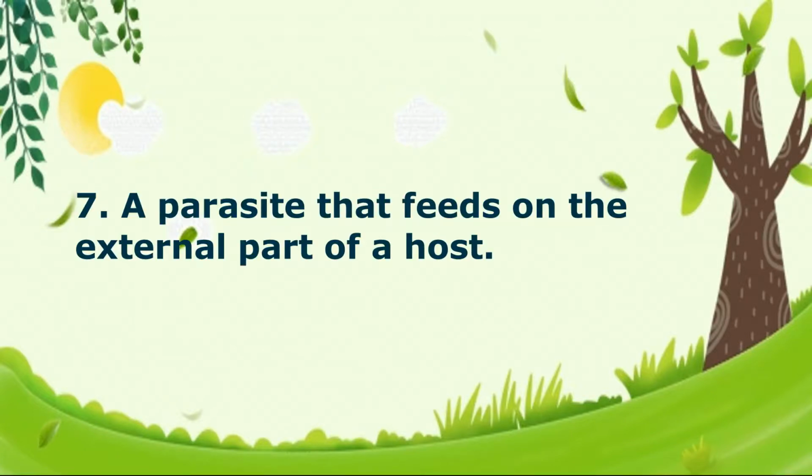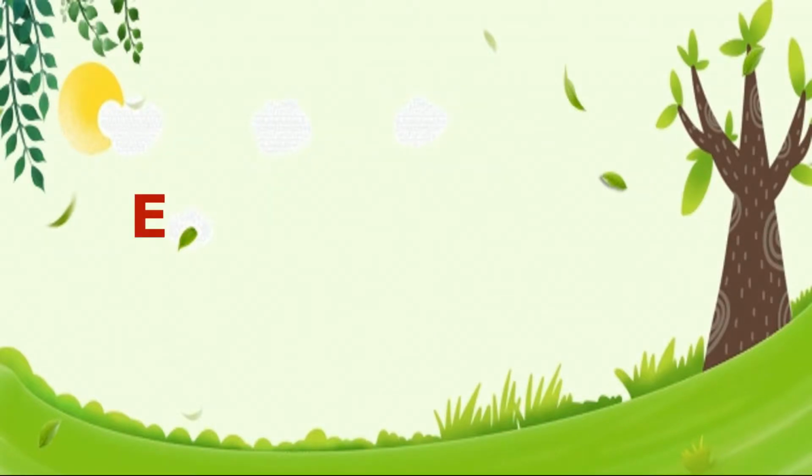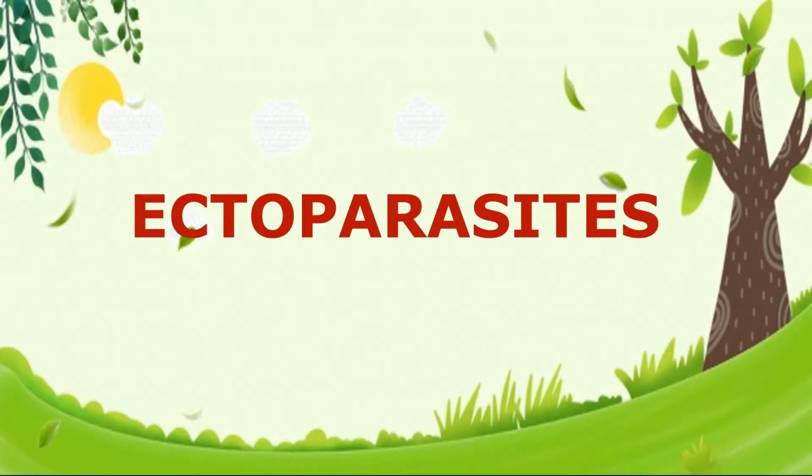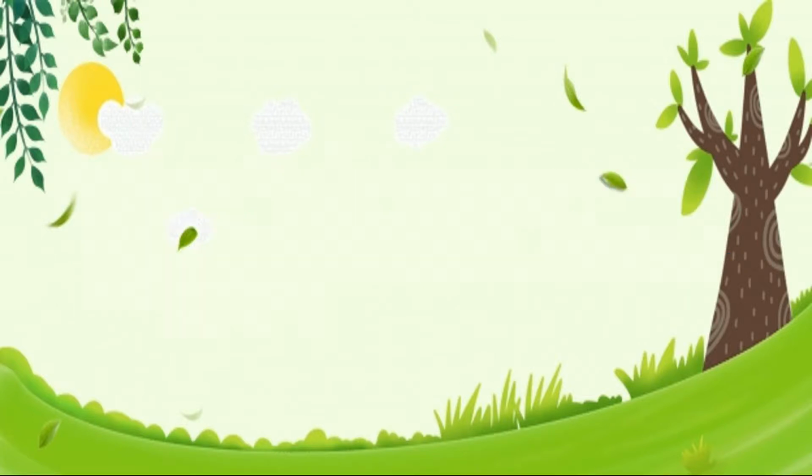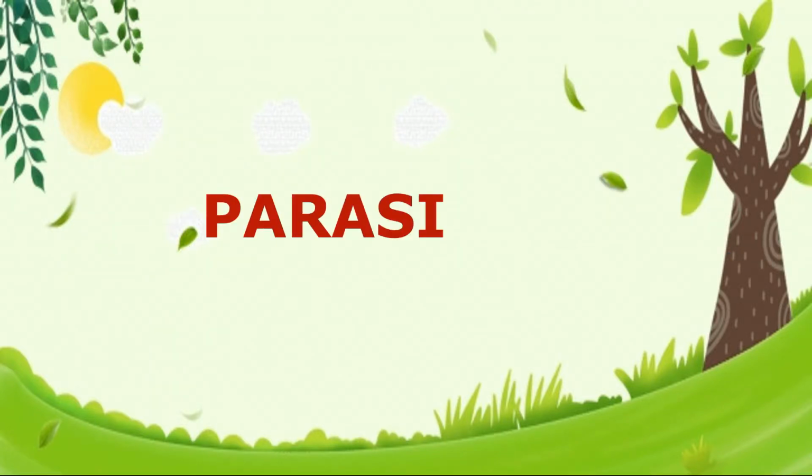Number 7. A parasite that feeds on the external part of a host. The answer is ectoparasites. And last, number 8. Interaction between organisms or species in which one organism benefits while the other is harmed. It is parasitism.